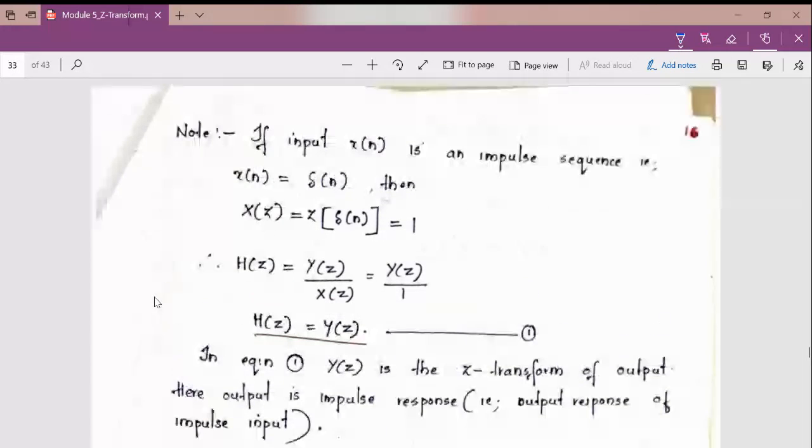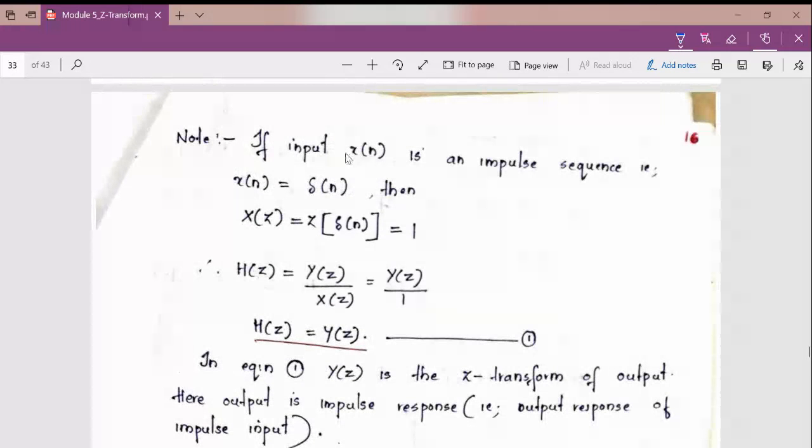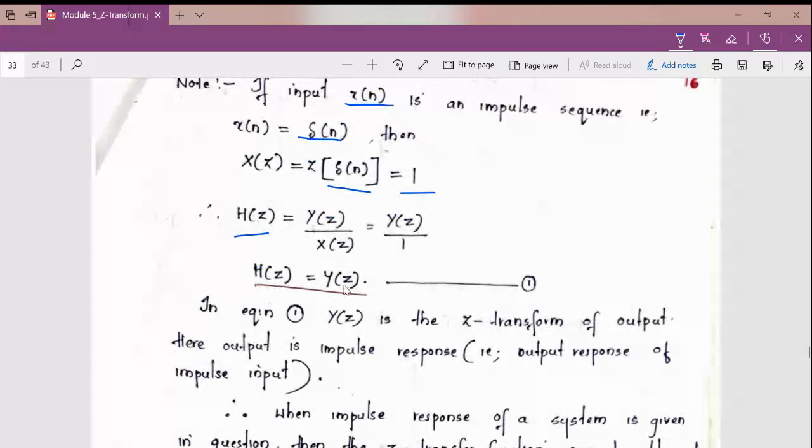Okay, so if the input x of n is an impulse sequence, impulse sequence means x of n is equal to delta of n. We know that the Z transform of delta of n is 1. So the transfer function H of z will become Y of z by 1. So H of z is equal to Y of z, which means that Y of z is the Z transform of the output.